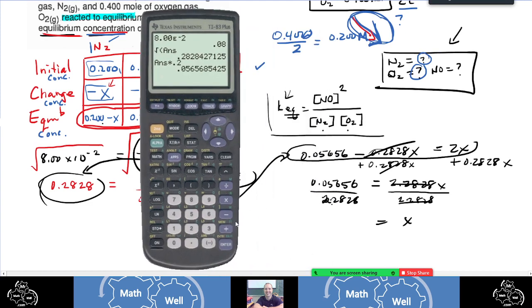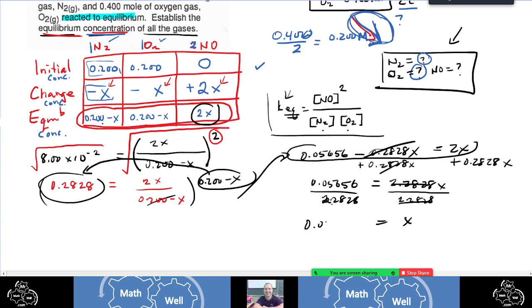So we'll take that number, 0.05656, and divide by 2.2828. 0.02477 I get. So that's what I get for an x value. That should be what you get for the x value.